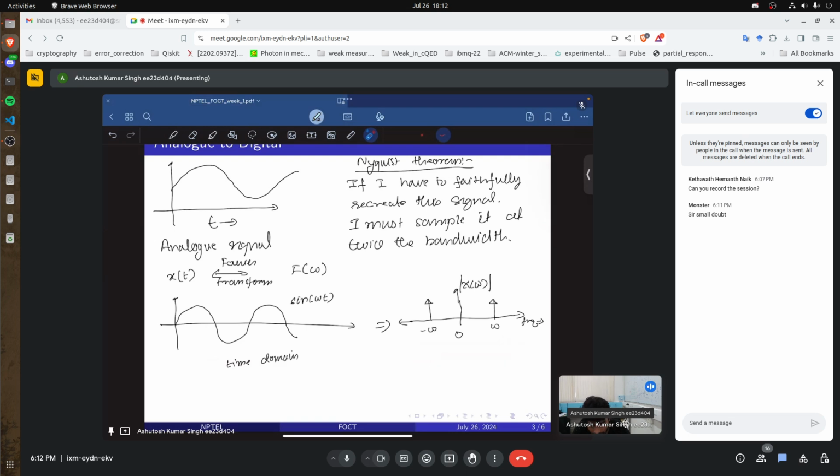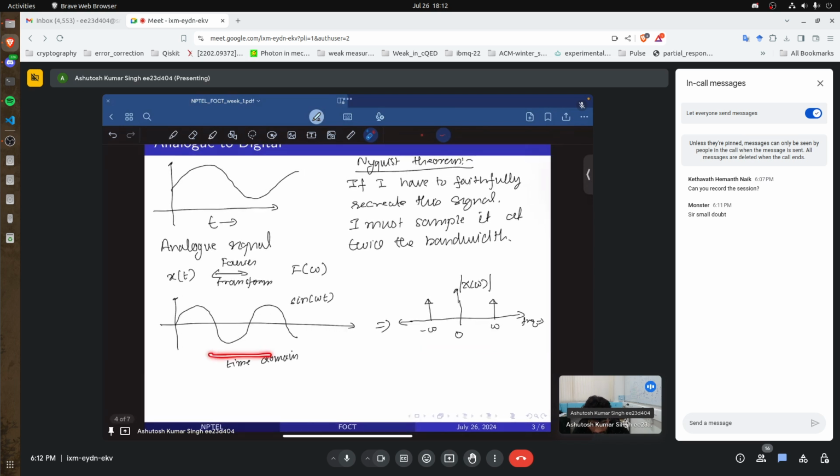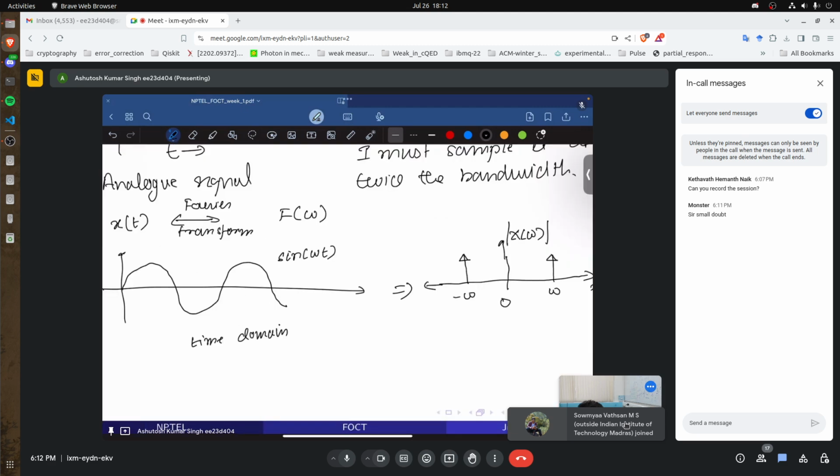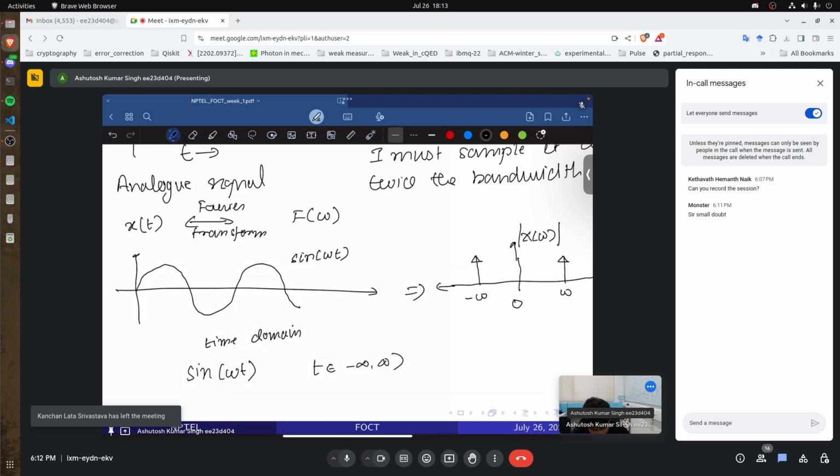Now this is just a sine wave, and the figure that I have drawn on the right side assumes that this sine wave drawn on the left is continuous and never ending. So you have a signal sine omega t going from minus infinity to infinity.